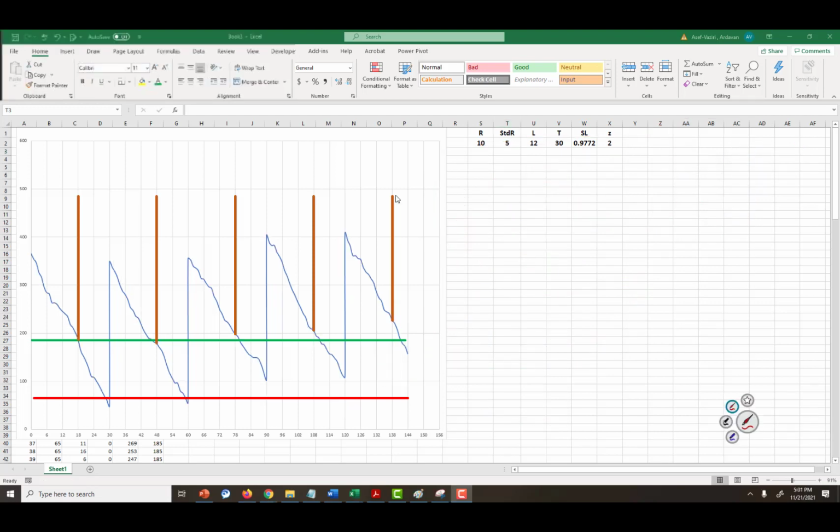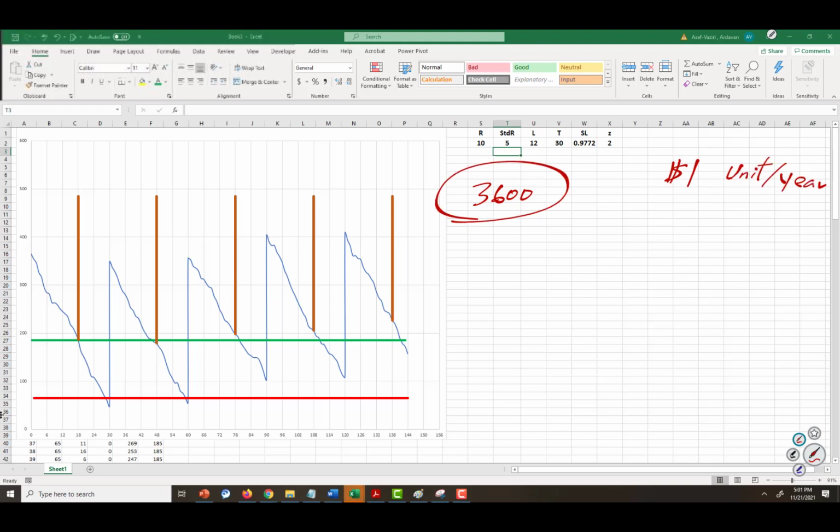A second way to compute the pipeline inventory cost is this: we have 3,600 units of product, and when they are in pipeline, cost is $1 per unit per year. If all of these 3,600 were in pipeline throughout the year, cost per unit would be $1.